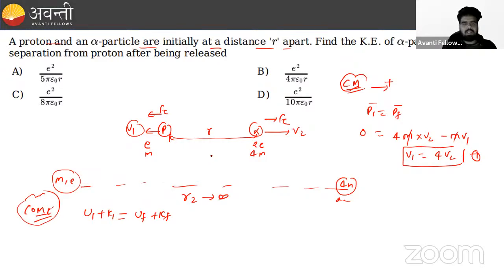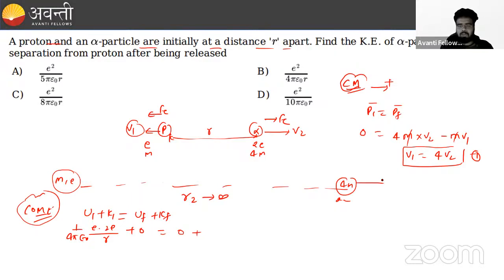Initially they are separated by distance r, so the system has electrostatic potential energy, which is 1 upon 4 pi epsilon naught, the product of charges e into 2e, over the distance between the two charges. Initially they are at rest, so the kinetic energy of both particles is zero. Finally they are at a large distance, which we consider infinity, so the potential energy becomes zero.